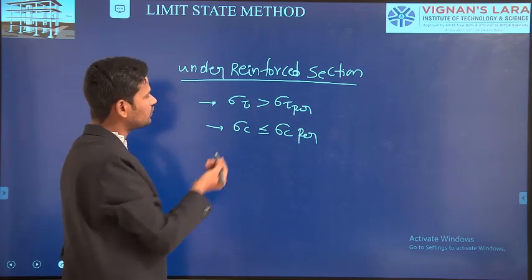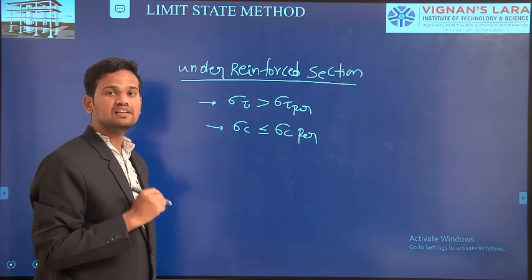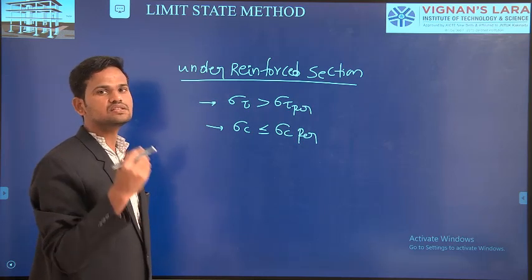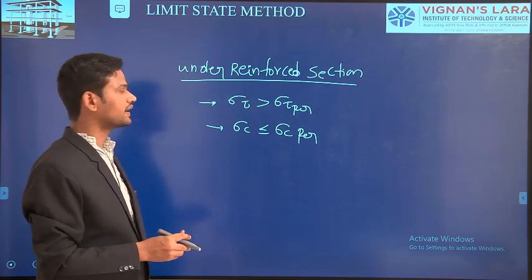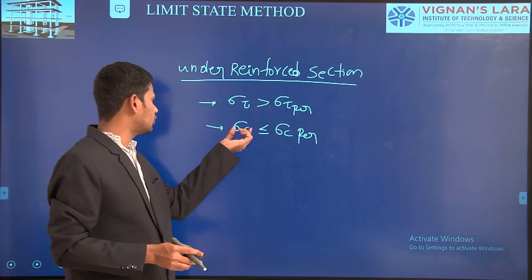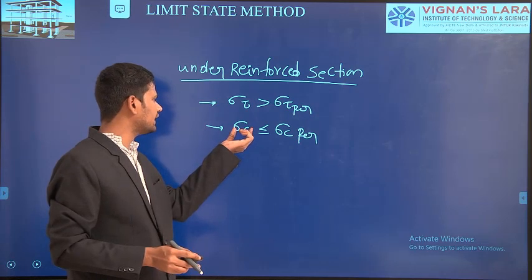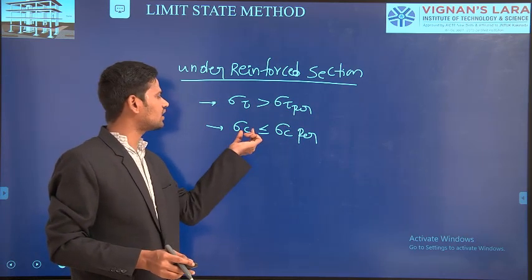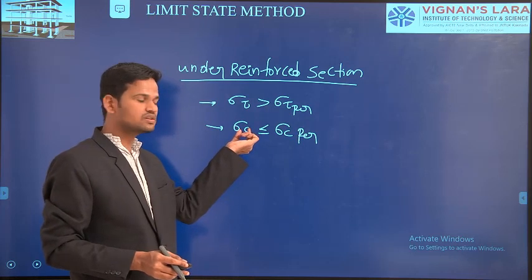That means the steel is taking the strain first, before the concrete. The stresses in the concrete will be less than the permissible stresses, hence the concrete won't fail in this section.